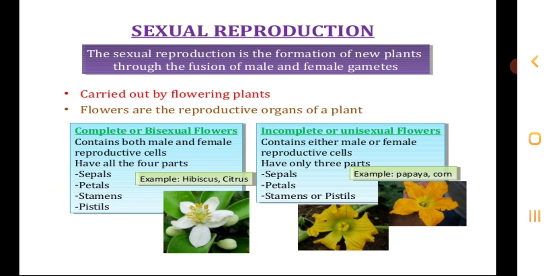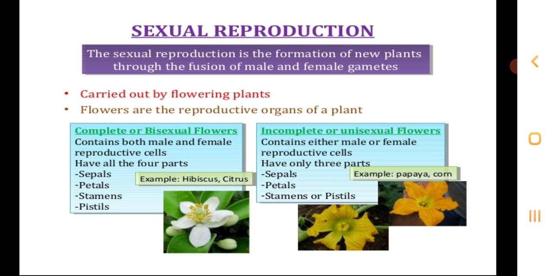Flowers are the reproductive organs of a plant. There are two main types of flowers: complete flowers or incomplete flowers, or you can say bisexual flowers or unisexual flowers. Complete or bisexual flowers contain both male and female reproductive cells. They have all four parts: sepals, petals, stamens, pistils.